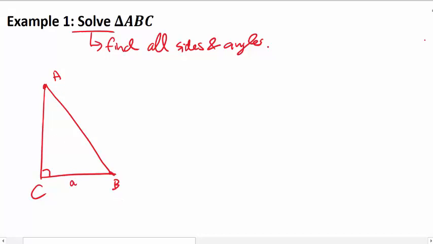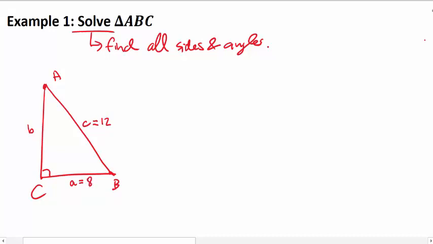Across vertex B is little b. Across vertex C is little c. So that's how you label the sides. And this is 12, and this one will make equal to 8.